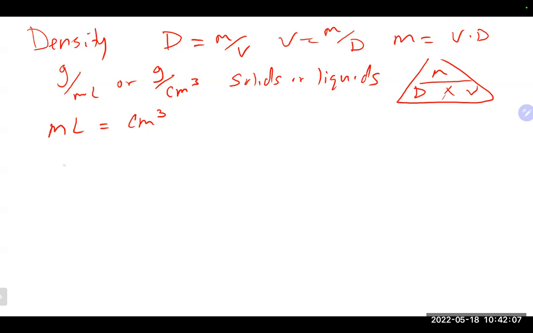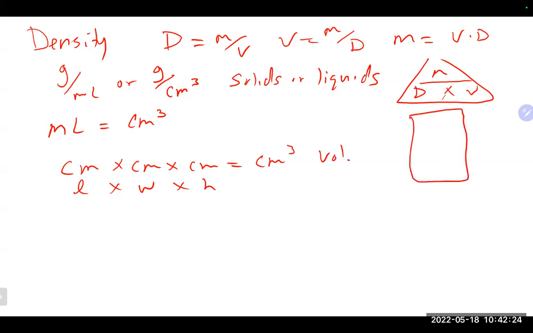When we take 3 length measurements and multiply them together, that is how we get to something like cubic centimeters. If this was the length times the width times the height, that would be a volume. Obviously, we could also take a direct reading, and when we take the reading, we want to read from the bottom of the meniscus.